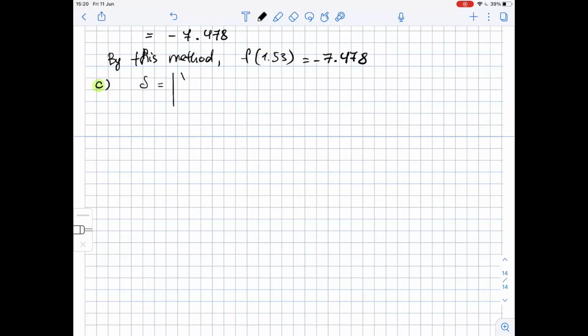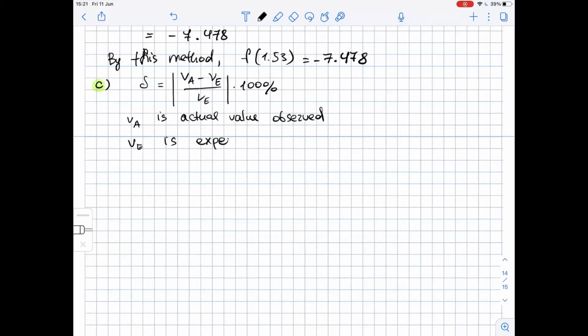It's the absolute value of VA minus VE over VE, times 100%. So here VA is the actual value observed, and VE is the expected value.